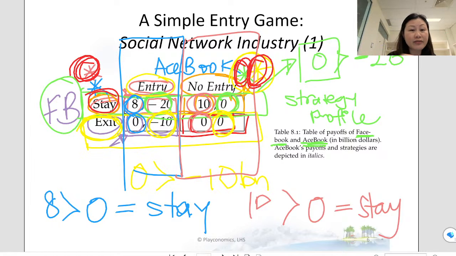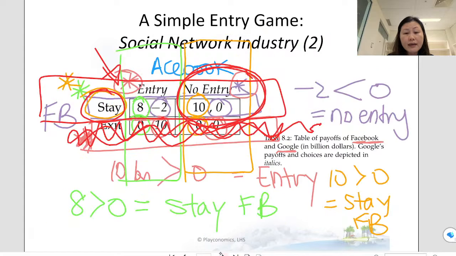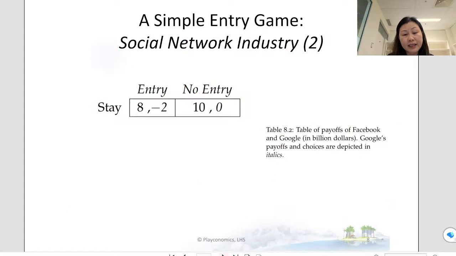Therefore, of course, we love the money, so we are going to stay. Clearly, in the 4 strategy profiles, we have shown that Facebook's dominant strategy is to stay, and Facebook's dominant strategy is not to enter. That seems relatively straightforward.